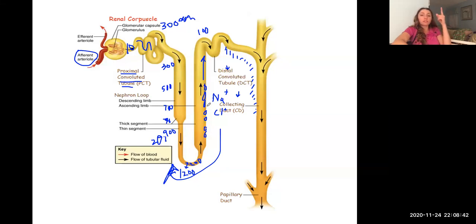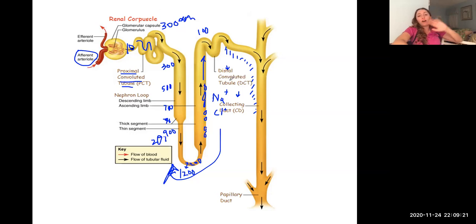These channels allow the sodium and the chloride to leave, so that it can reestablish this concentration gradient and replenish the solutes outside of the nephron. This is what makes the solutes in the water less and less. Once it gets to the top, it's only about 100 milliosmoles. It's very diluted.